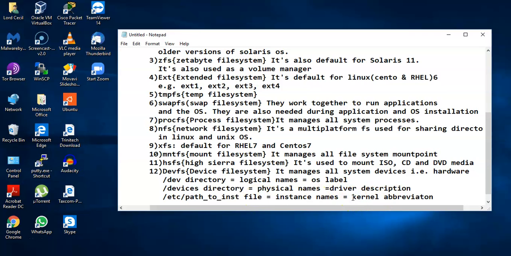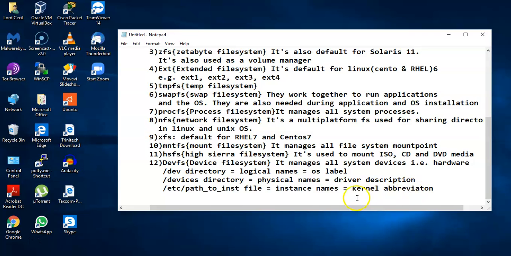So the physical name of that device whose driver is installed will be abbreviated and stored in this file. And the kernel, the Linux kernel, is the one that creates the abbreviation. So I hope that explains the devfs file system.